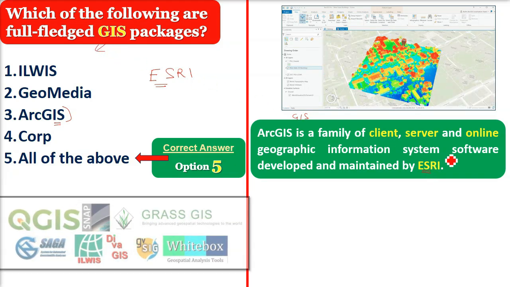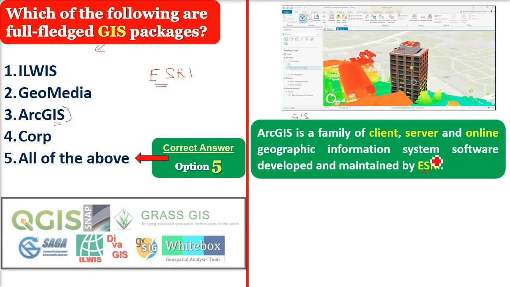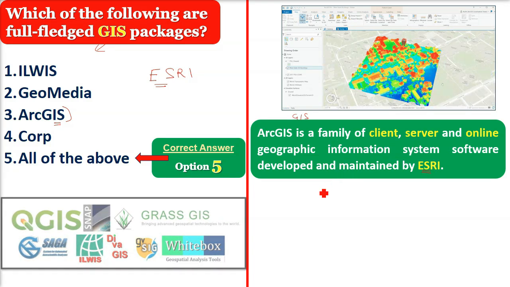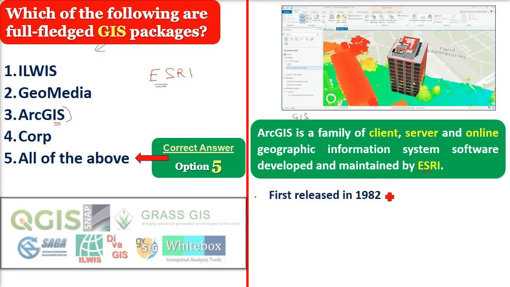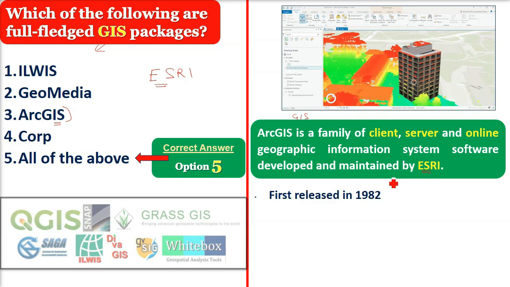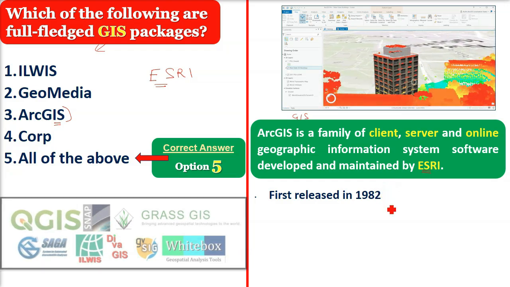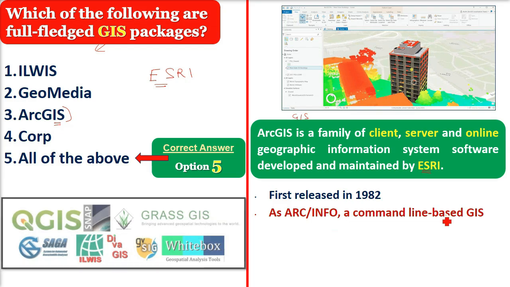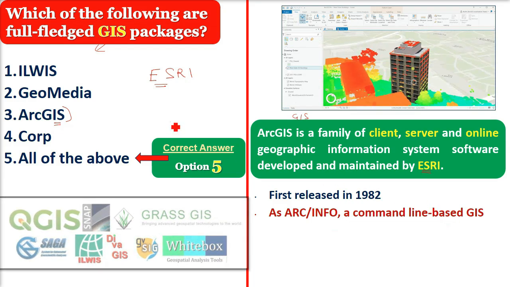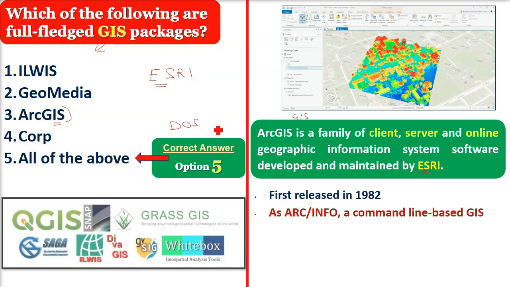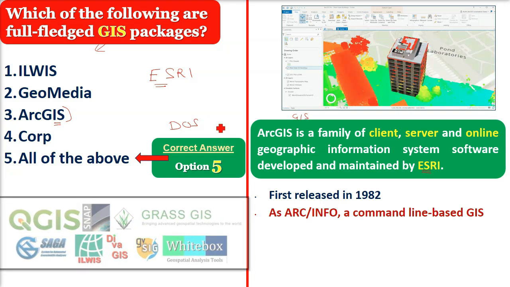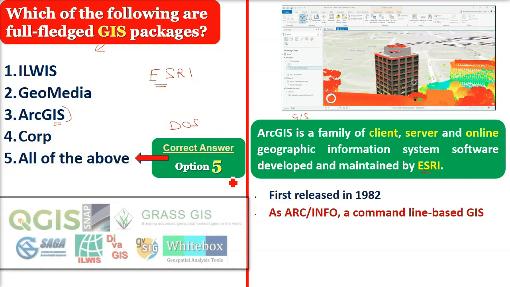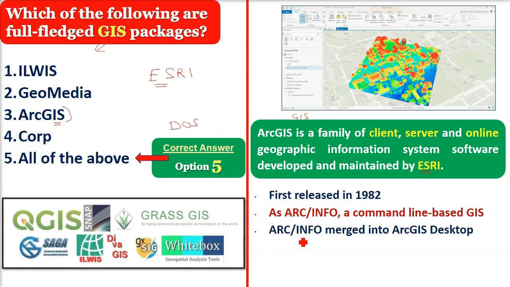So ESRI actually started with the previous ArcGIS, and now it has changed a lot because online things have grown up. Previously it was just a desktop solution. It was first released in 1982 as ArcInfo, and it was just a command line GIS, DOS. If you remember, in DOS we used to do everything by command line prompt, like Linux and Unix we do now also.